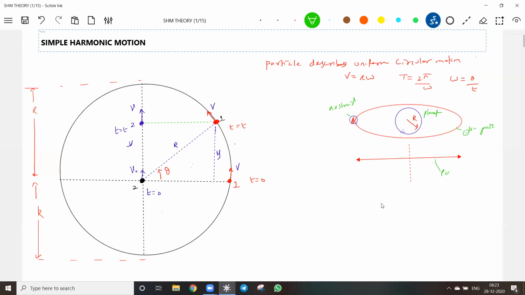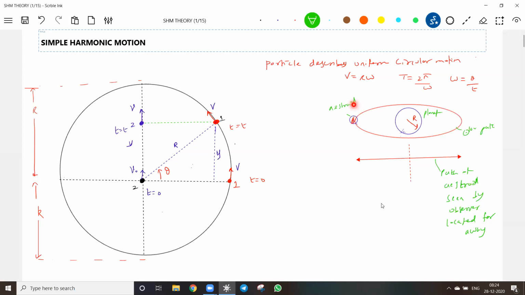The path of the asteroid seen by an observer located far away. What is this circular path? In fact, it is describing a circular path.